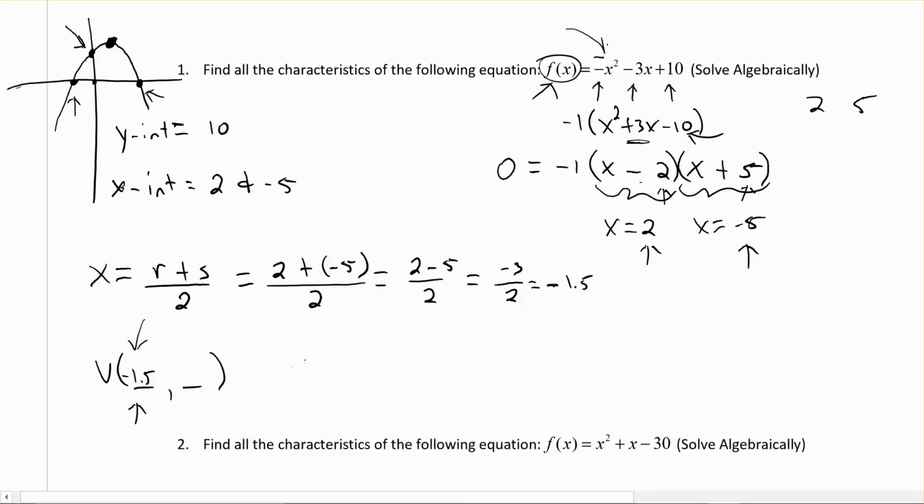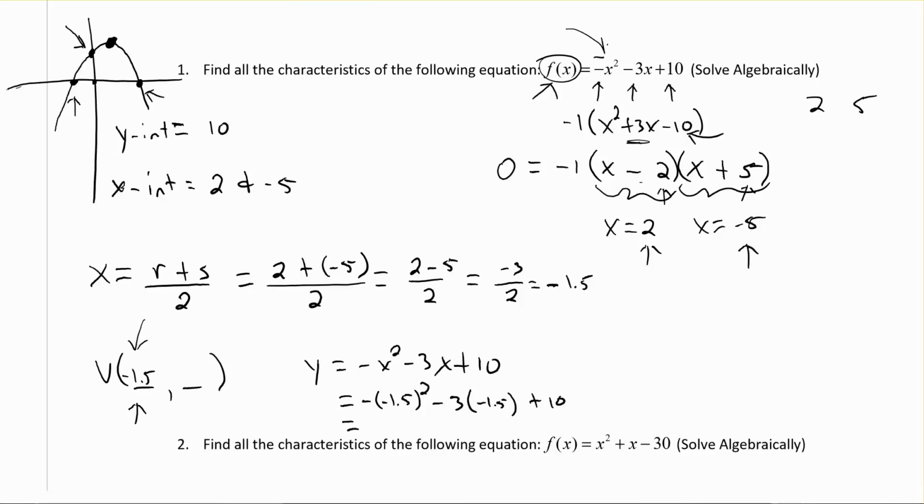So if I say y is equal to, the original equation was -x squared minus 3x plus 10, I'm going to put a -1.5 everywhere that there's an x. When you do that, you get 12.25. So that is our y value here.